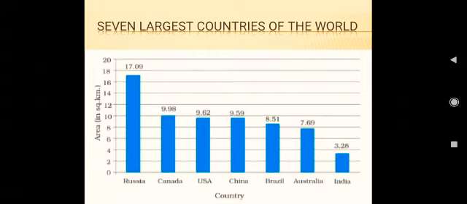And Russia is the largest country of the world. Yes, children, Russia is the largest country of the world, followed by Canada, USA, China, Brazil, Australia, and the 7th one is India.